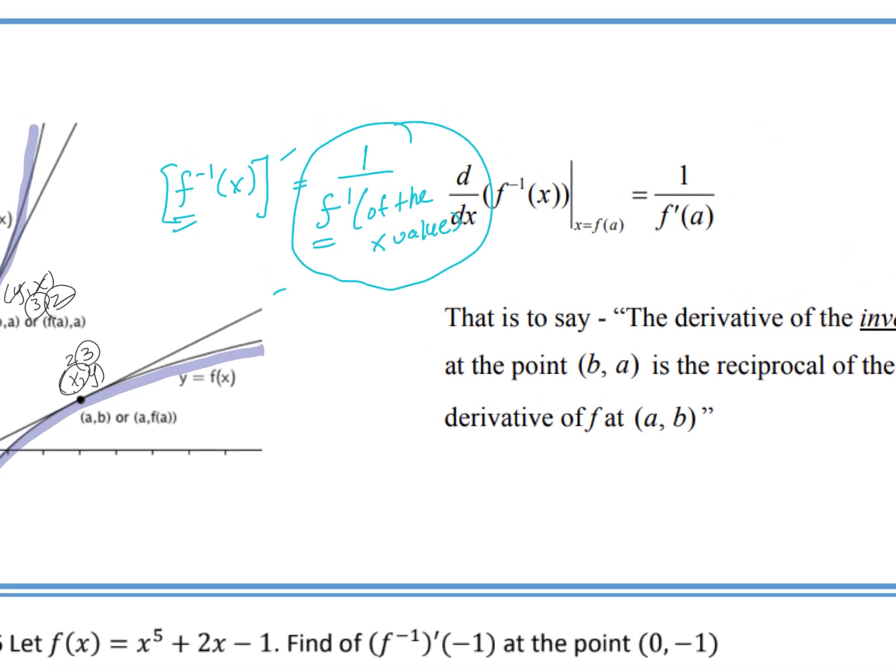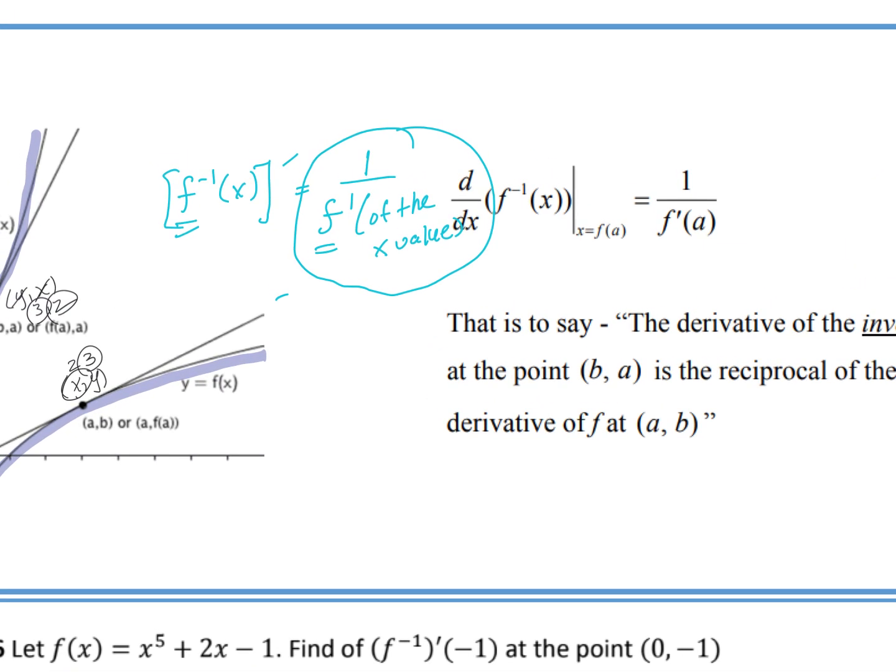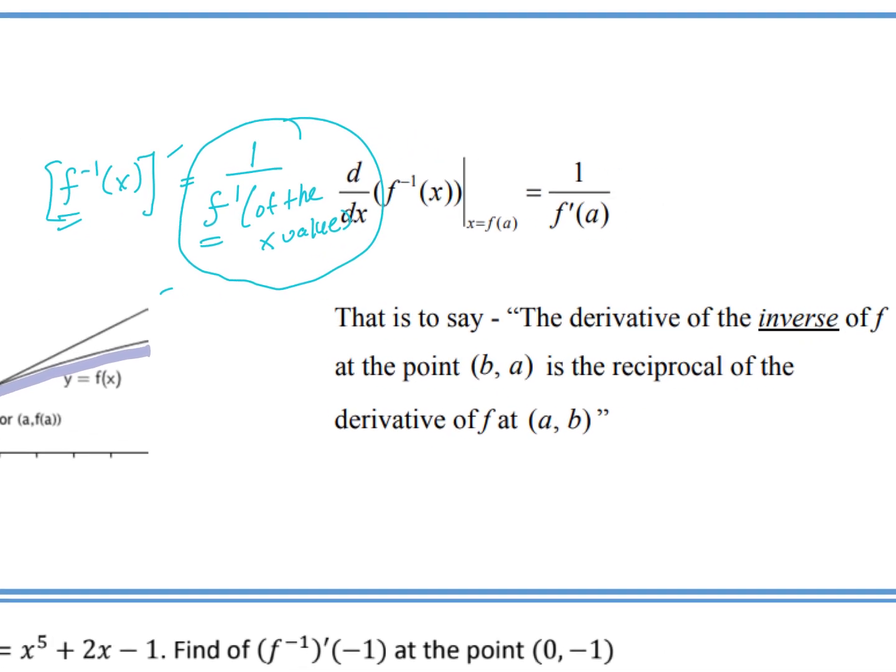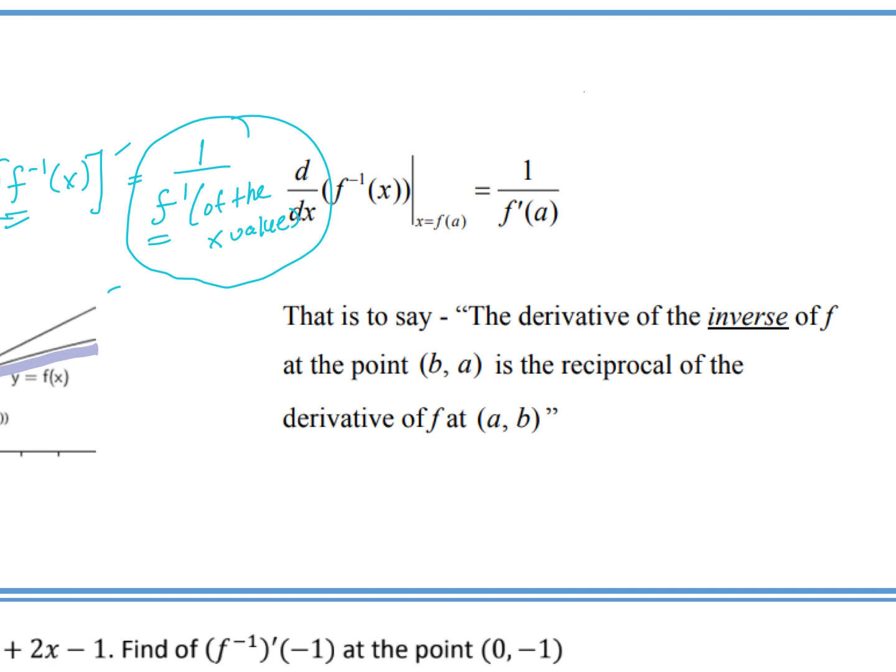So this is the definition. The derivative of an inverse function is 1 over f prime. The way I think you should remember it is: f negative 1 of x, the derivative is equal to 1 over f prime of the x value.